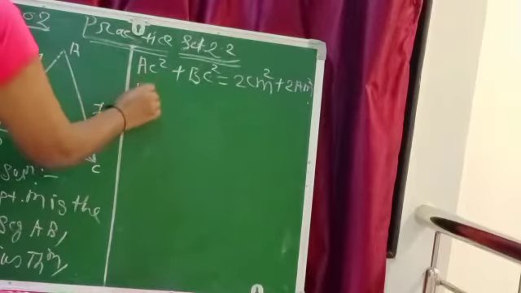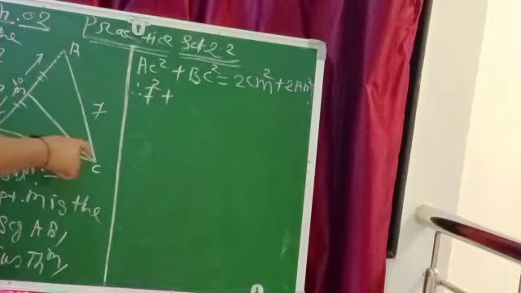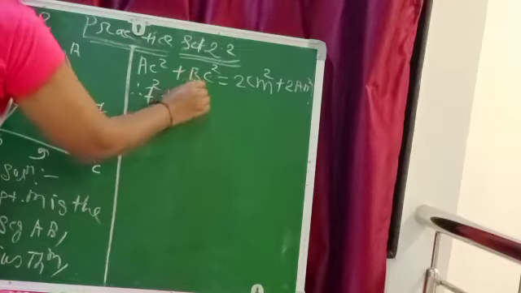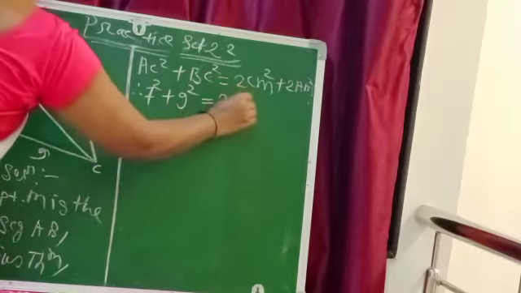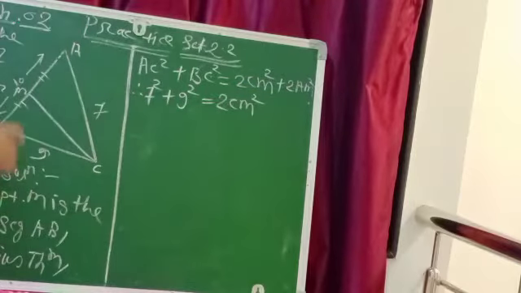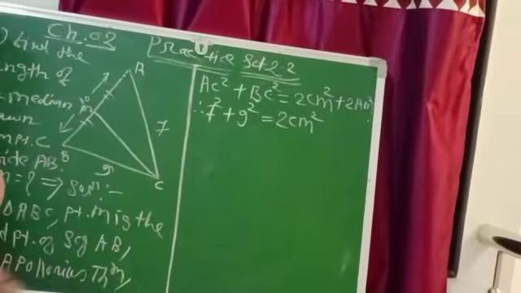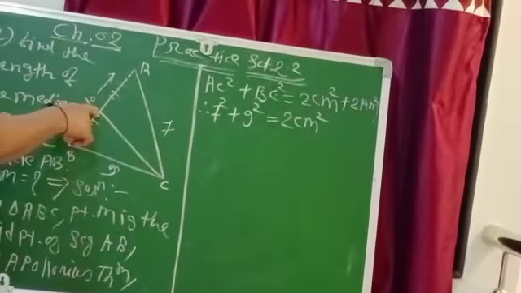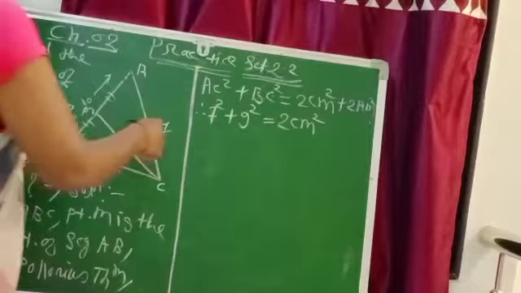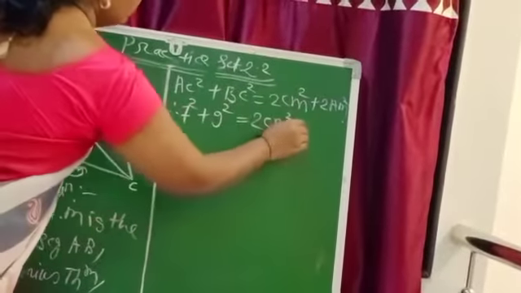Therefore AC square is 7 square, BC square is 9 square, twice CM square, and AM. AB is equal to 10 and M is the midpoint of AB, therefore AM is 5.